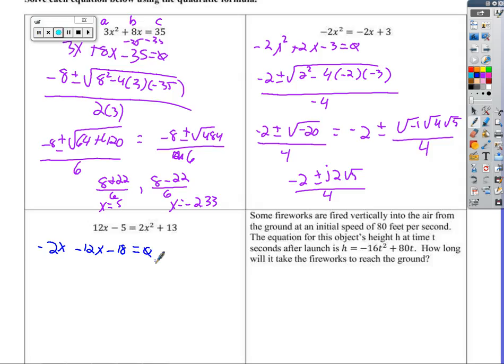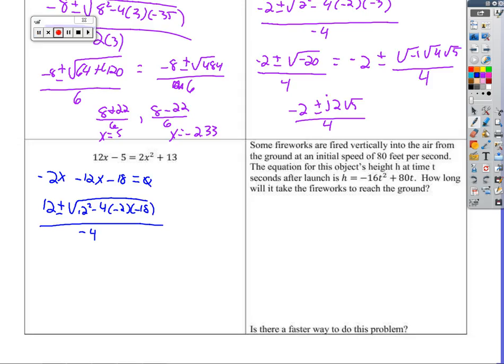I'm going to plug this in, which gives me negative 12, gives me a positive 12, plus or minus 12 squared minus 4 times negative 2 times negative 18 all over negative 4. 12 squared gives me 144. 18 times 2 is 36 times 4 is 144.